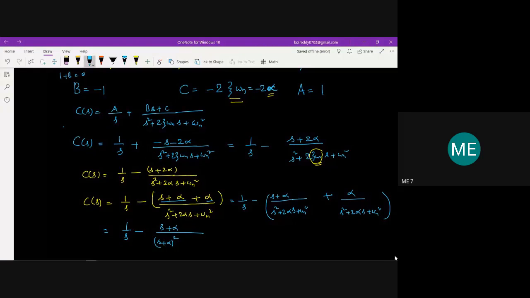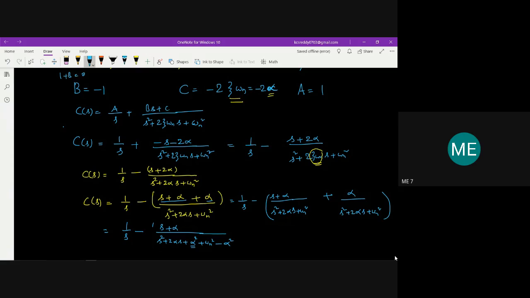Okay, and s square plus 2 alpha s. If I want to write 2 alpha s, I'll first show. I will get in the form of s square plus 2 alpha s plus alpha square, right? a square plus 2ab plus b square. So b square is nothing but alpha square, plus omega n square. Because I'm adding the alpha square to this equation, I have to subtract the alpha square.